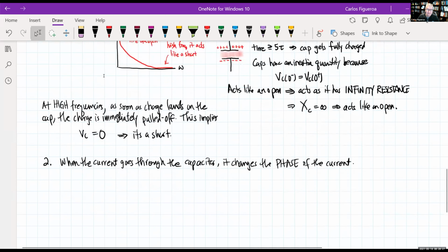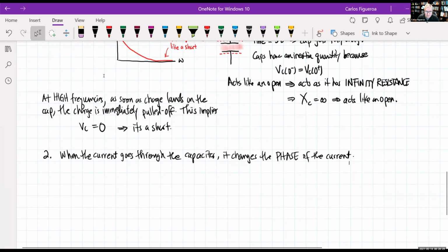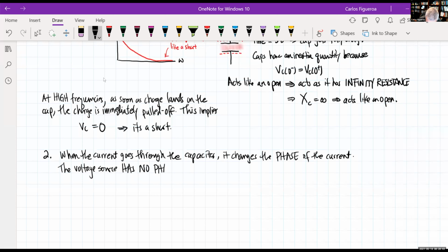And what we typically do, remember, just to remind you from last time, the voltage source here has no phase. And because of this, it tells us that Vs is then just going to be V max e to the j omega t.